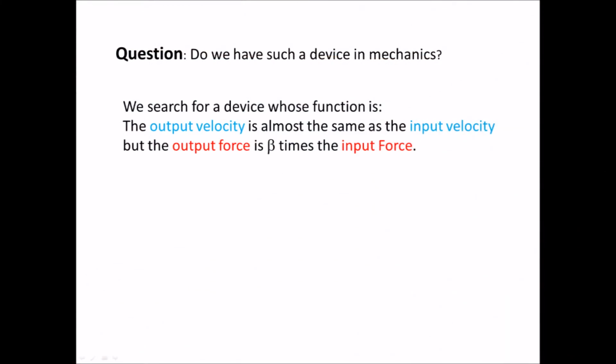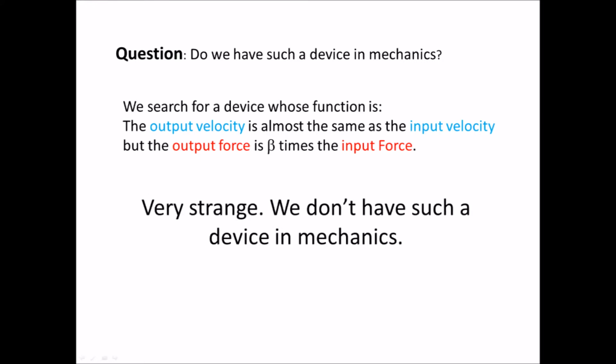We search for a device whose function is to increase the output force beta times in relation to the input force and keep the output velocity similar to the input velocity. Very strange, but apparently we don't have such a device in mechanics.